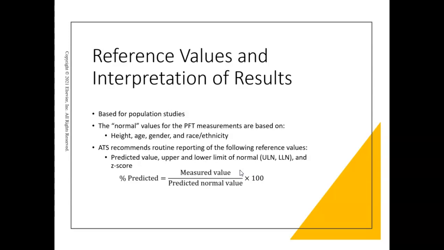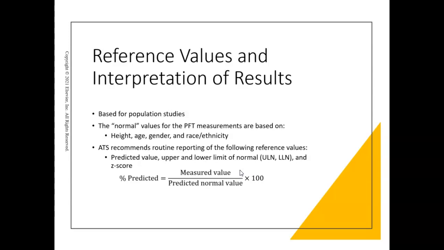ATS, the American Thoracic Society, is the governing body that makes the rules for PFTs. They publish guidelines for pulmonary function testing and write the rule book for how we should be doing things.